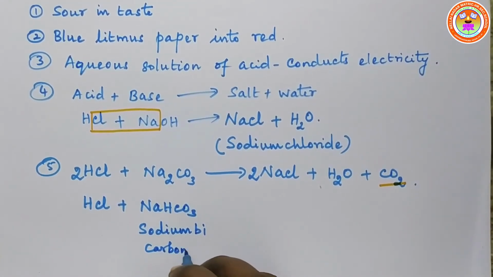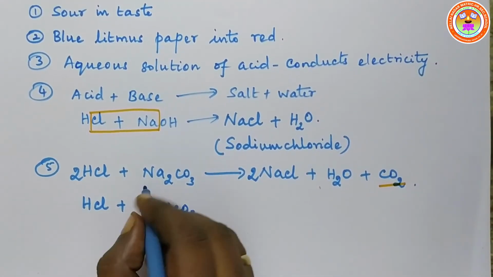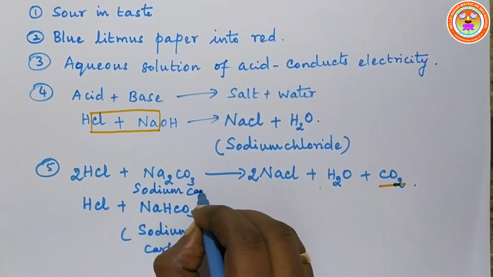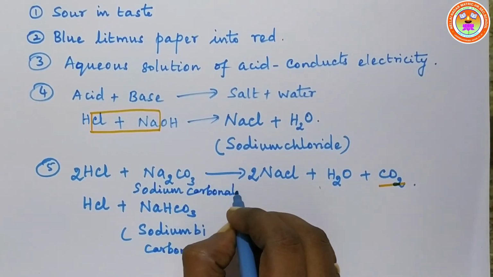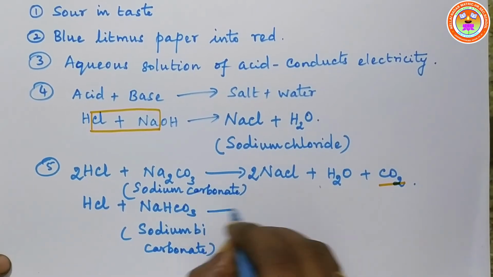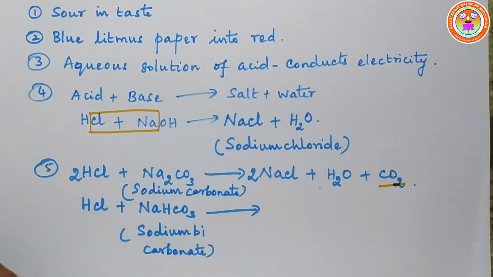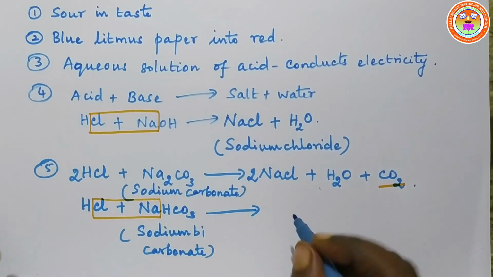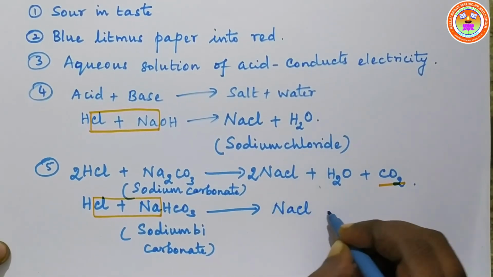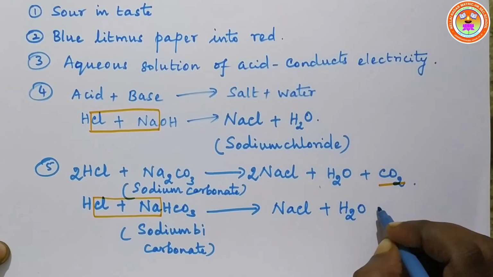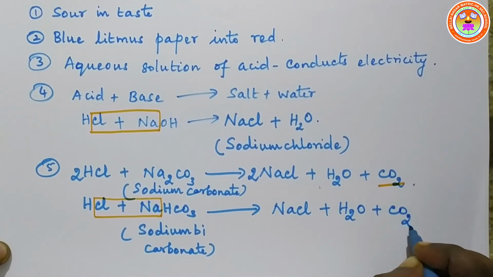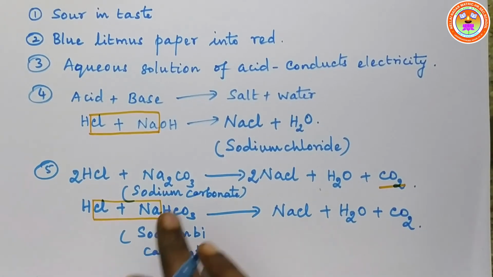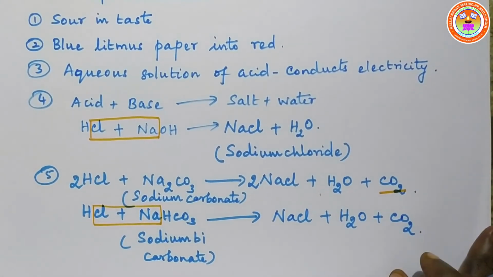It results in the formation of the same salt, sodium chloride, then a water molecule, then carbon dioxide. So this is the reaction of acid with carbonate and bicarbonate salts.